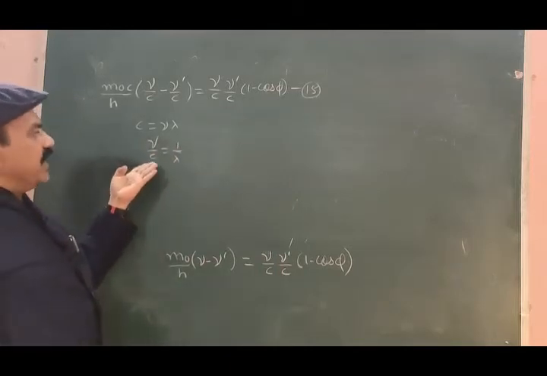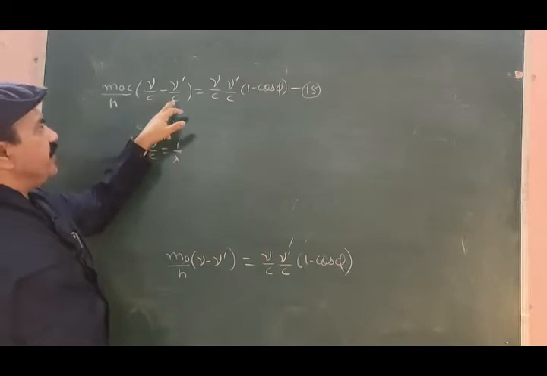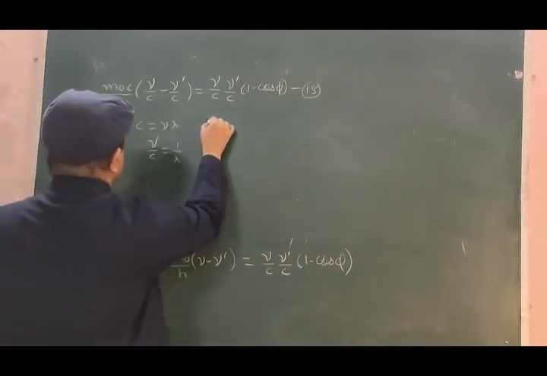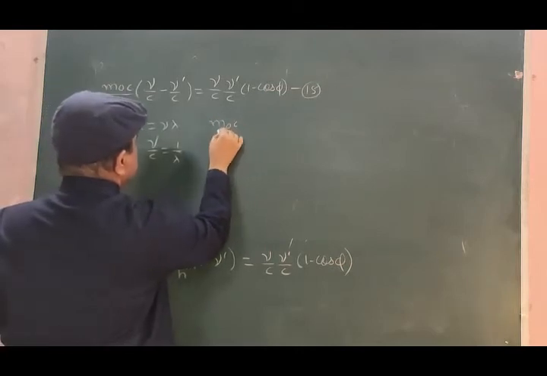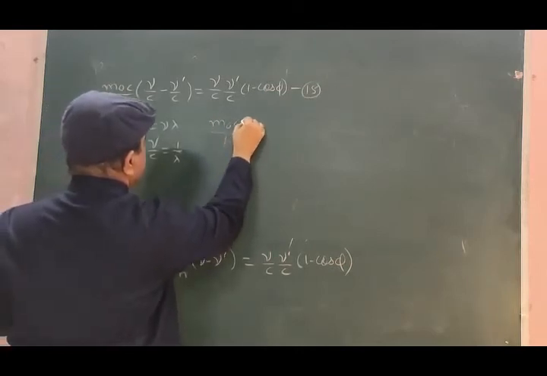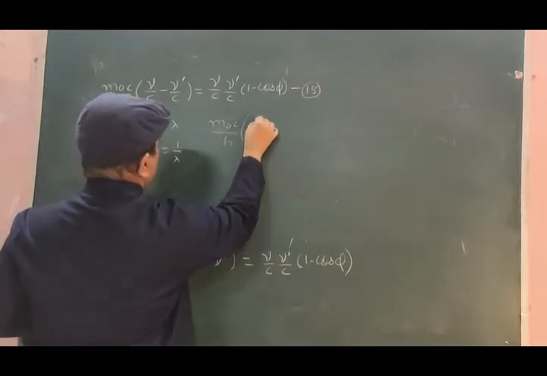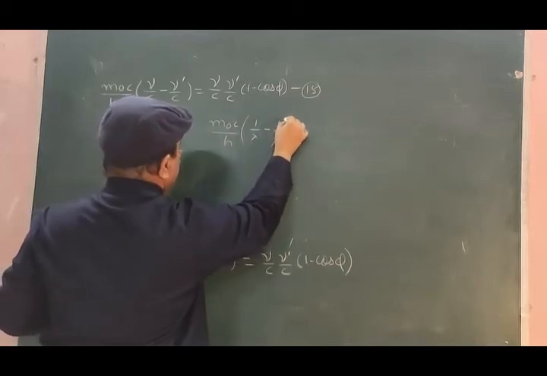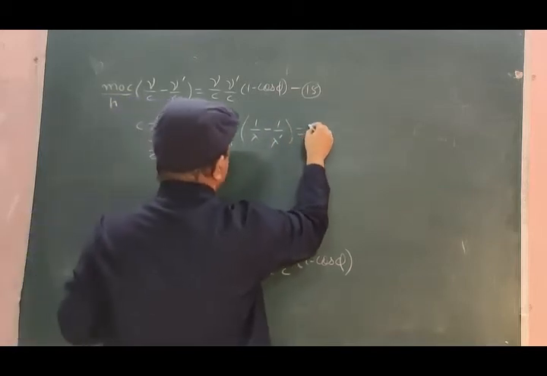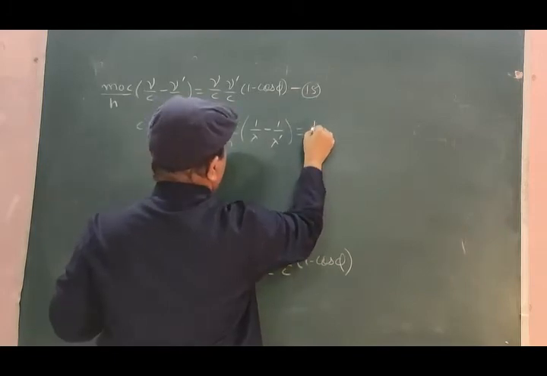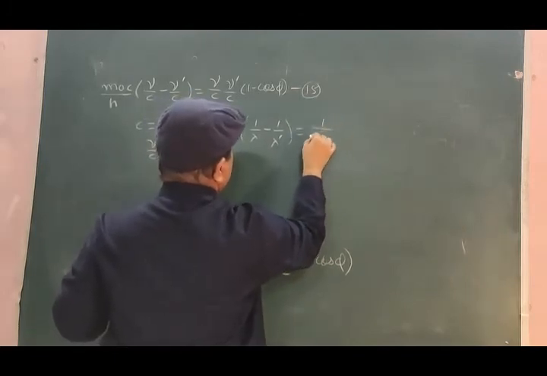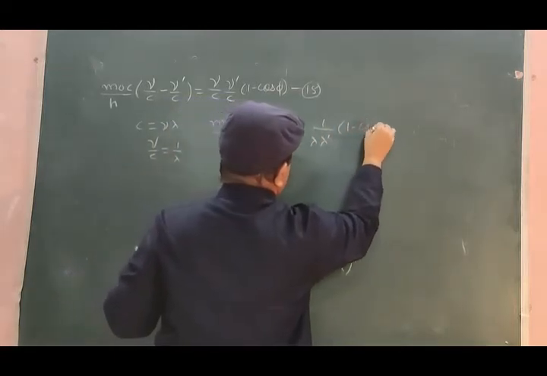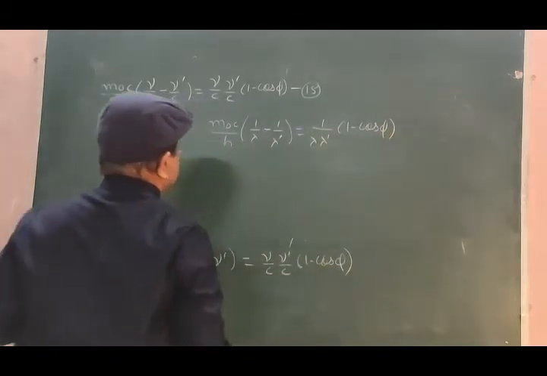Let us use this substitution here, here, here and here to get m0c divided by h into 1 by lambda minus 1 by lambda dash is equal to 1 divided by lambda dash into 1 minus cos phi.